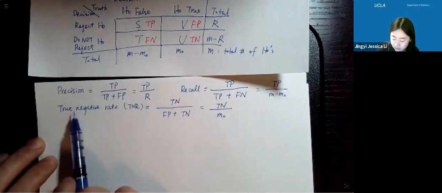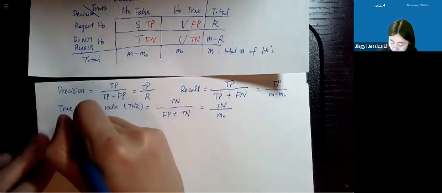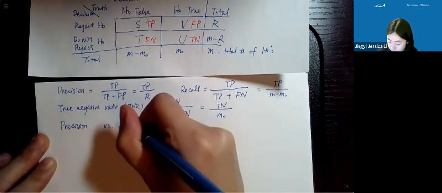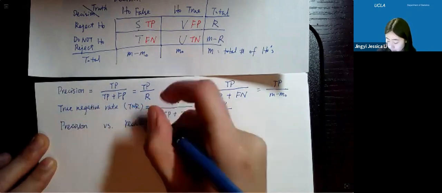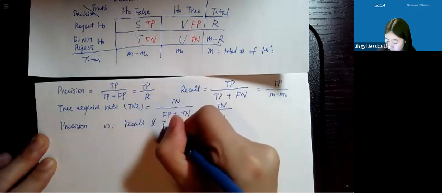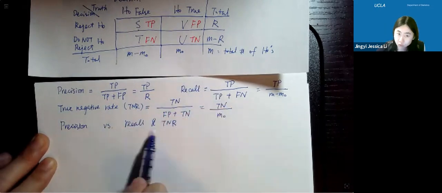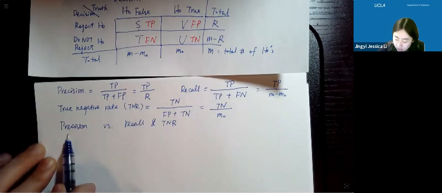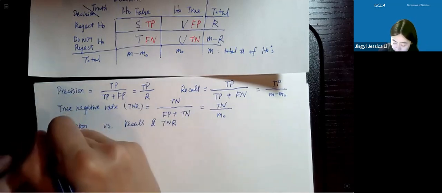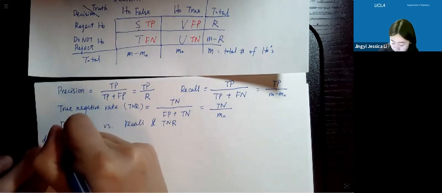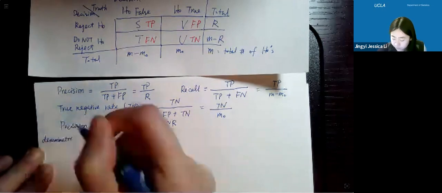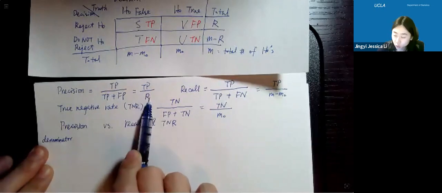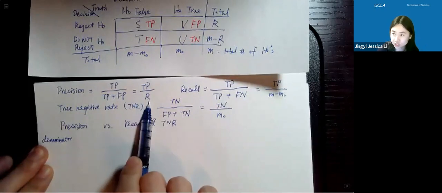So you see a key difference between precision versus recall and TNR. The reason I put these two on one side, precision on the other side, is because the denominator of precision is determined by our decisions.